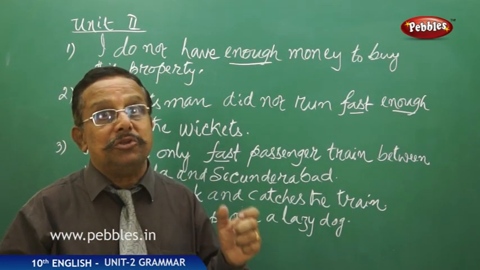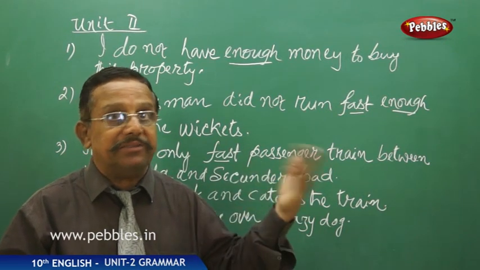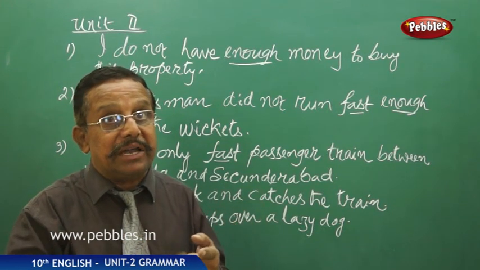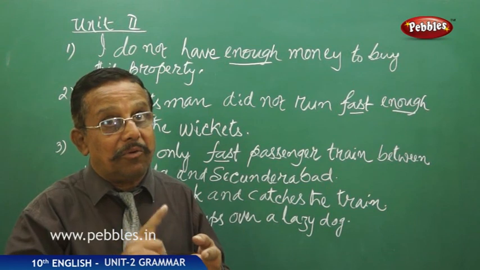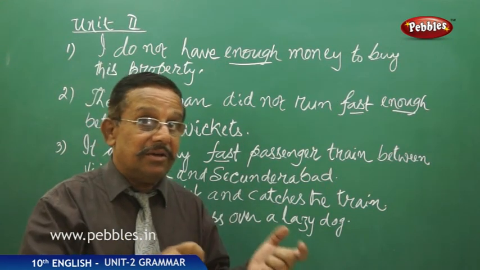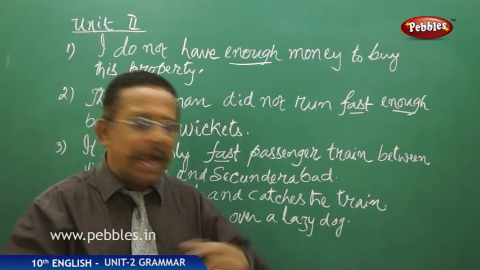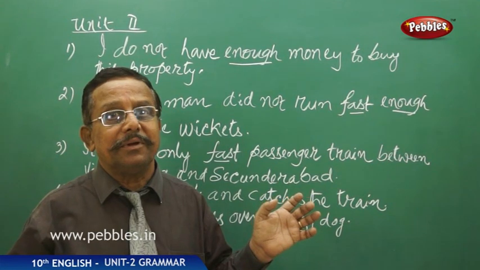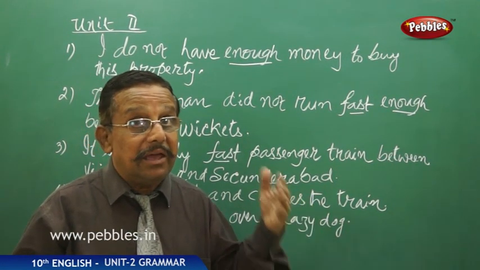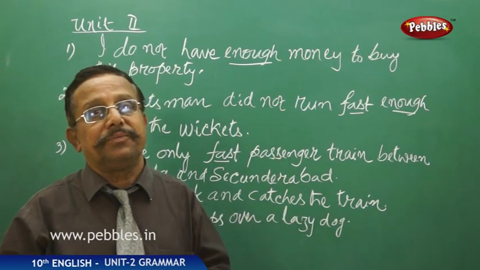An adverb is used in front of the adjective which it modifies. Very good, very quick, very fast, very beautiful. That way it is modifying the adjective and it is placed in front of the adjective.